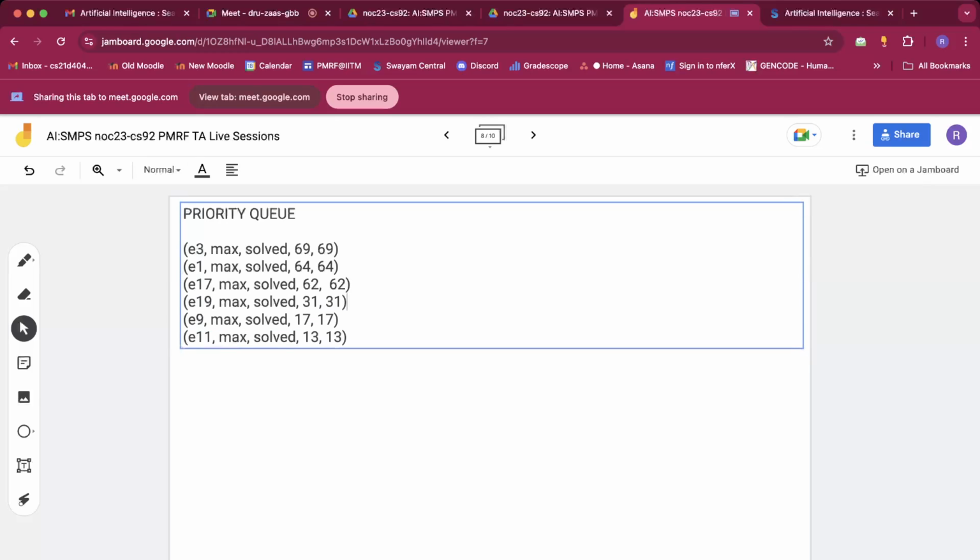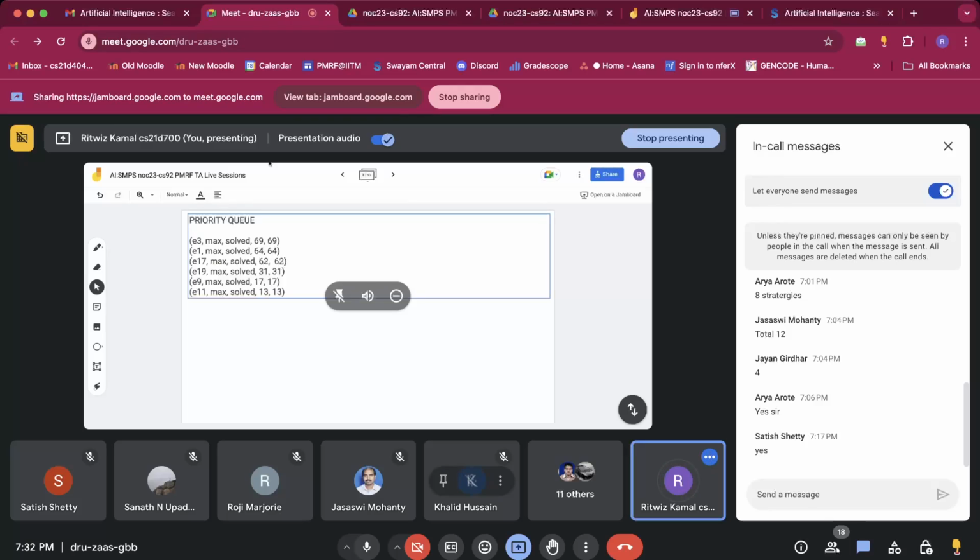Okay, now we have arrived at a set of nodes that are solved. Do you see a correlation between the set of nodes that we have and the initial clusters that we found? Any doubts till now?